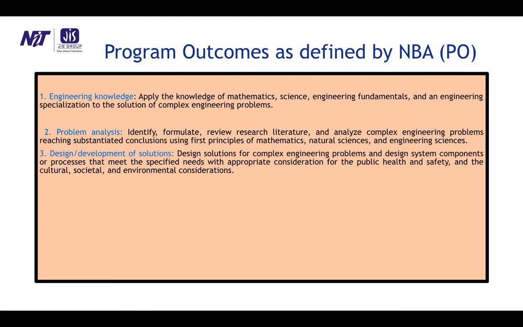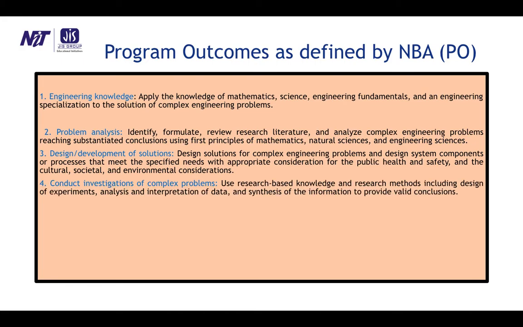Number 3, design and development of solutions: design solutions for complex engineering problems and design system components or processes that meet the specified needs with appropriate consideration for public health and safety, and cultural, societal, and environmental considerations.